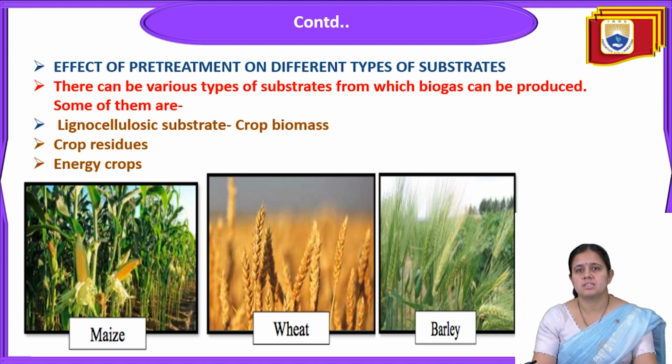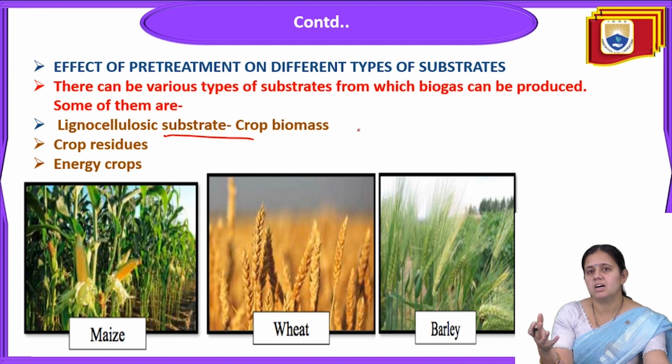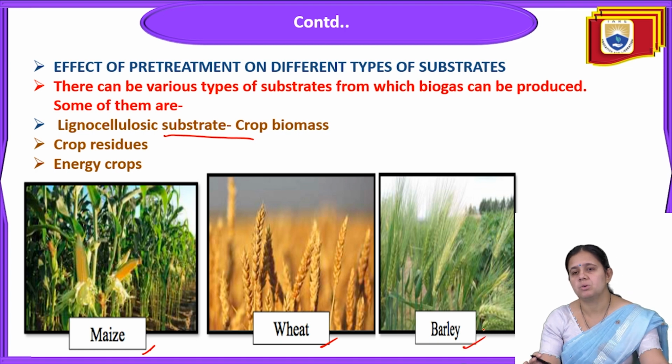Next we'll discuss the effects of pre-treatment on different types of substrate. There are various types of substrate from which biogas can be produced. First is the lignocellulosic substrate, then crop residue, then energy crops. These are either the residue from crops, or the residue from energy crops, or the crop biomass, like maize, wheat, barley.